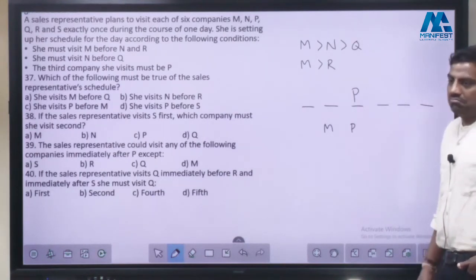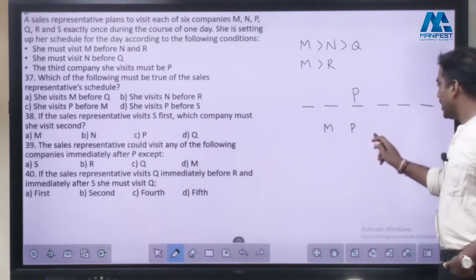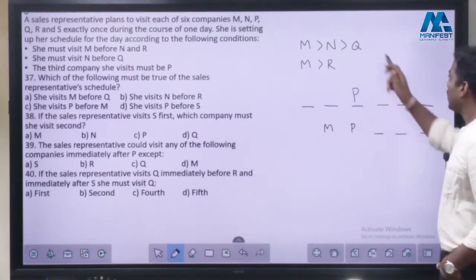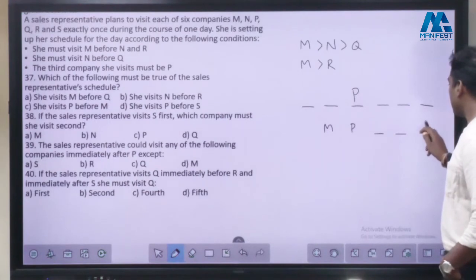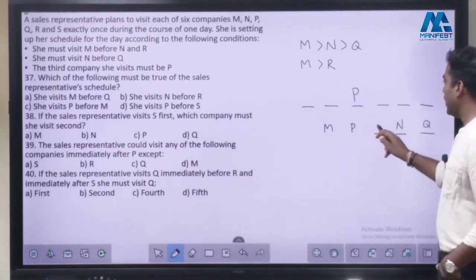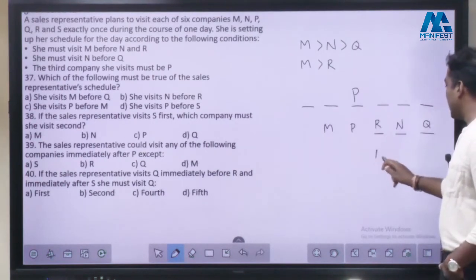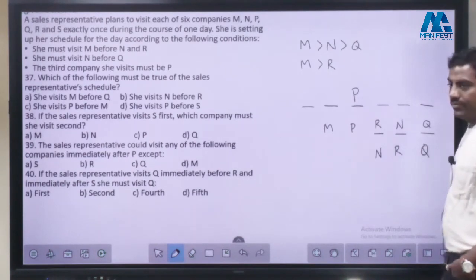N or R? We don't know. Here, anything with respect to N or Q will come. But Q will come after N only. So, if N comes here and R will come here, Q will come here.